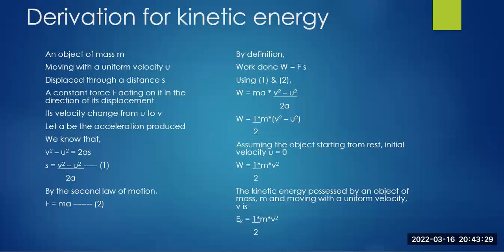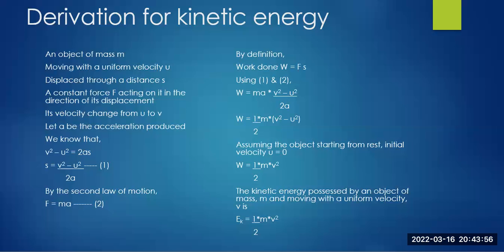Here, by cancelling acceleration in the numerator and denominator, we obtain W is equal to half into m into v square minus u square. Now, if we assume that the object is starting from rest, its initial velocity u will be equal to 0. Therefore, the above equation reduces to W is equal to half mv square.